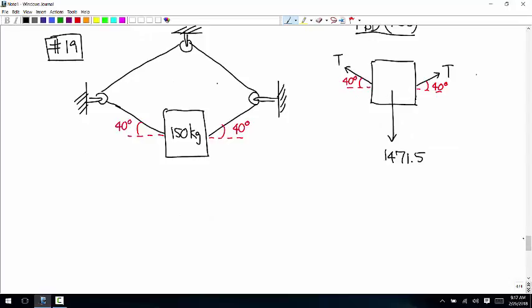So the last thing we have to do is figure out the components of these force vectors. Okay, so first let's figure out the components of the force vector on the right.